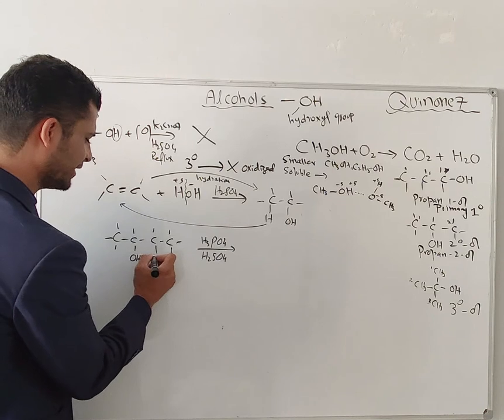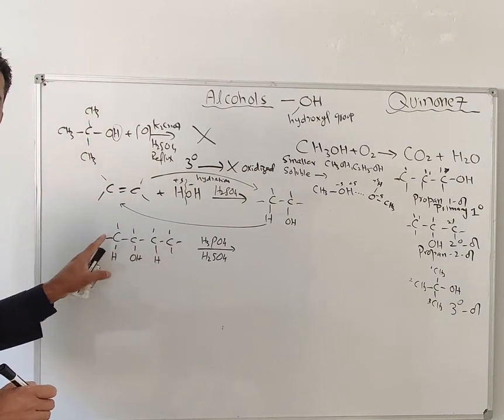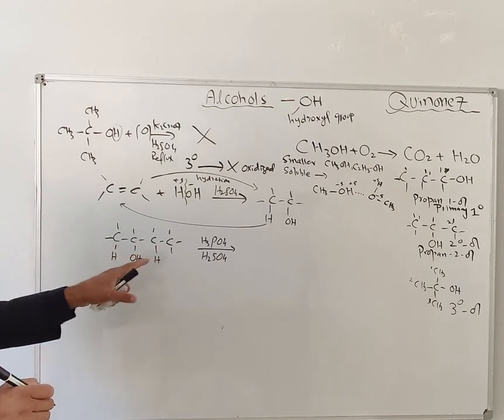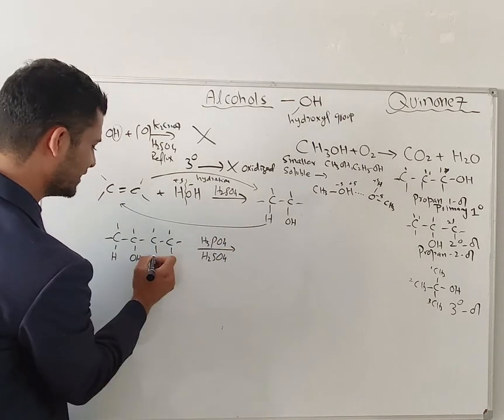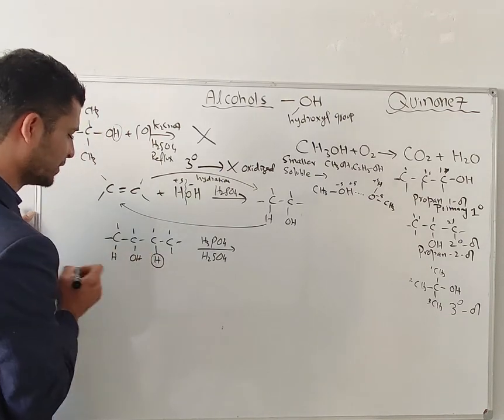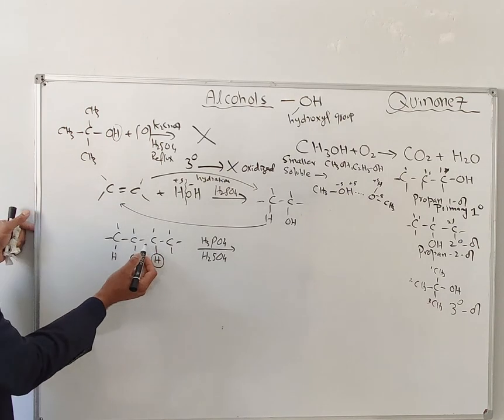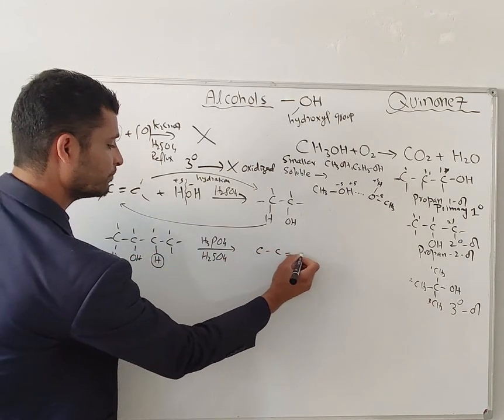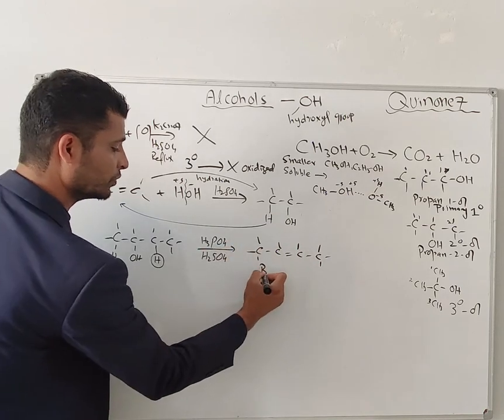When you do dehydration, you have 2 hydrogens on the neighboring carbon atoms. One of them can go, which means you will make 2 products. In one product, if I remove this hydrogen and then this OH, the double bond will appear between these 2. That will be but-2-ene.